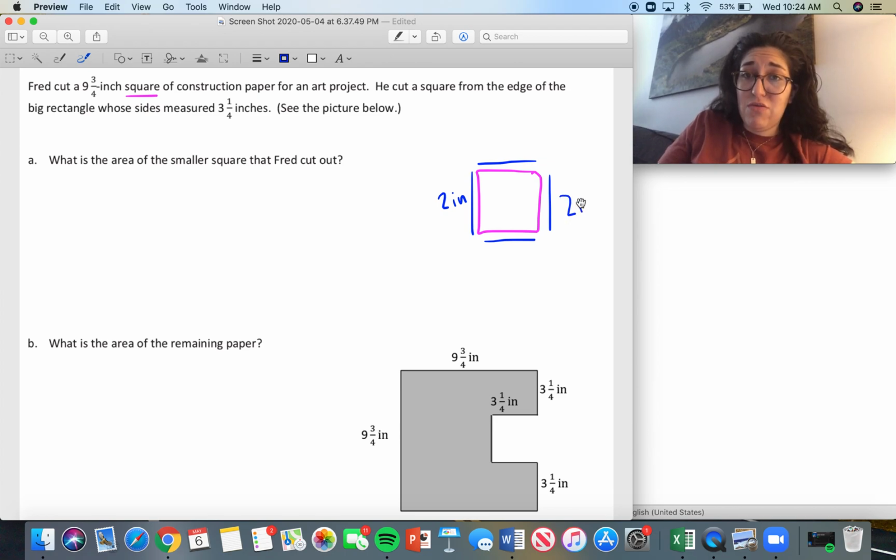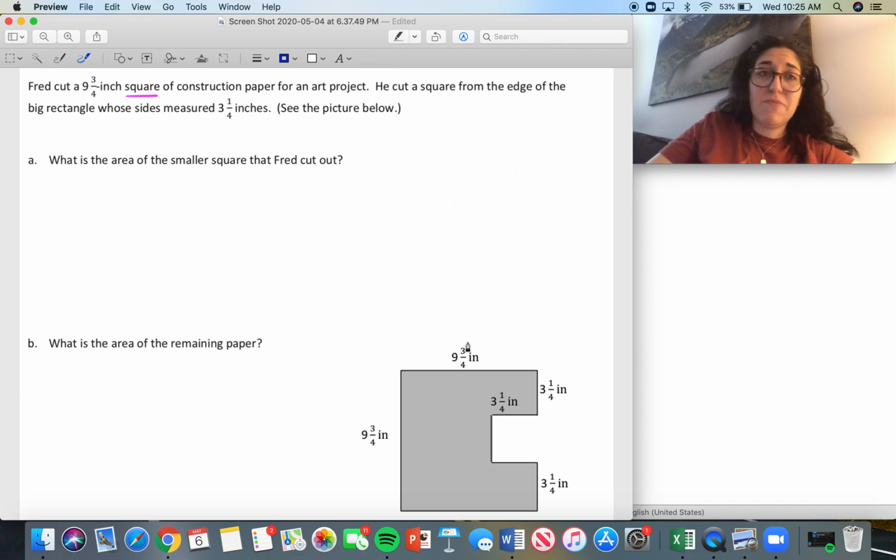I also know that this side and this side are 2 inches. So when I'm talking about a square, if I know one side, I know all the sides. So that's what makes a square special. It's a special type of rectangle.